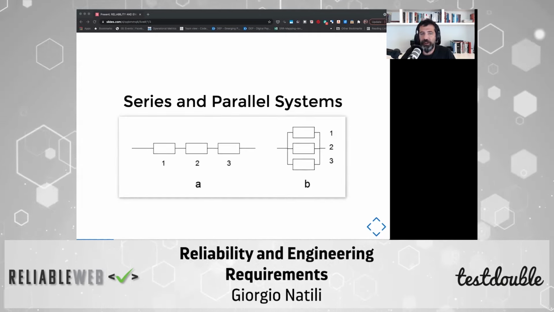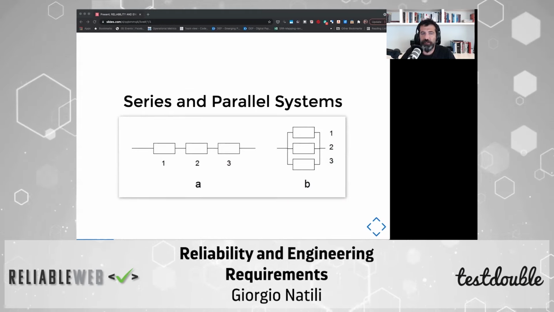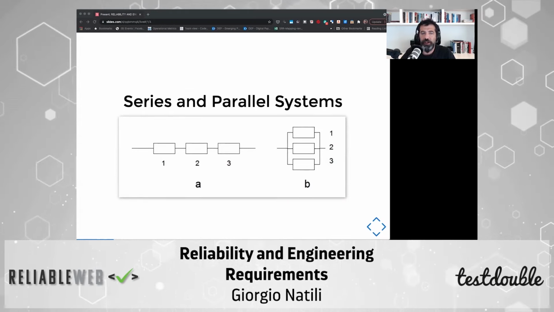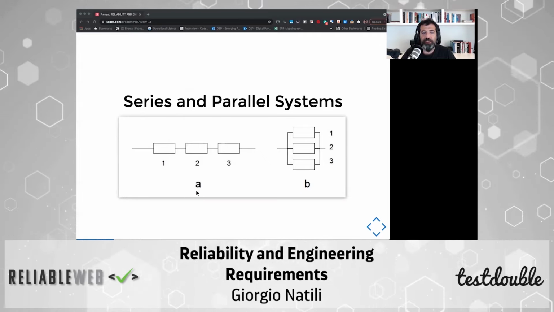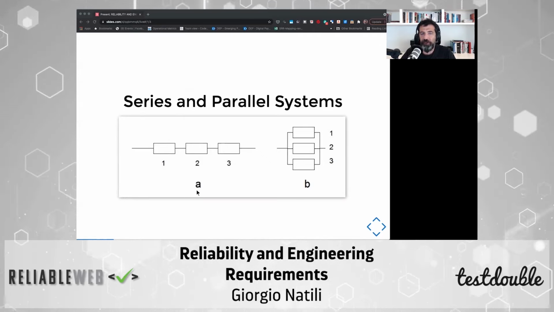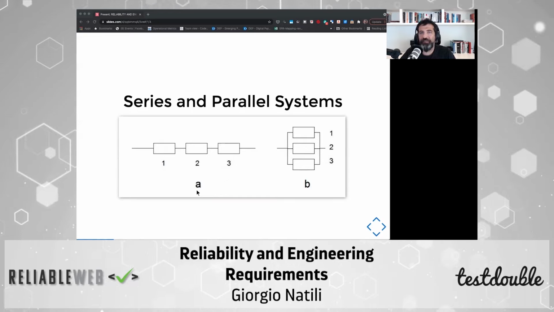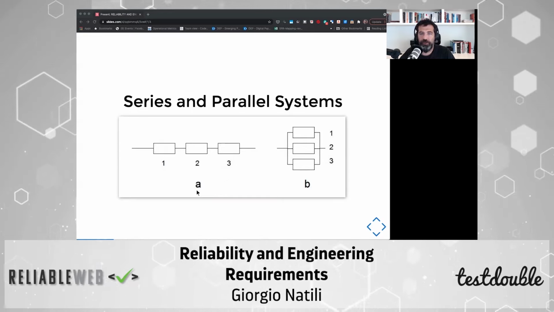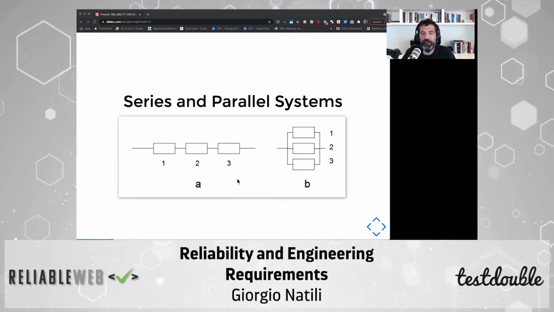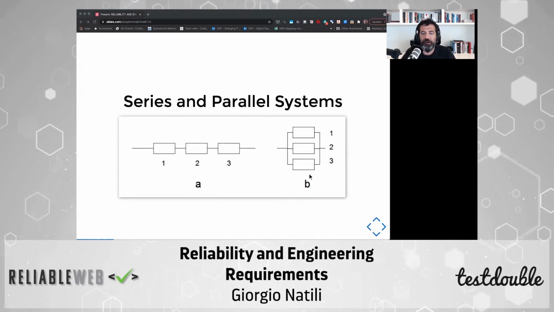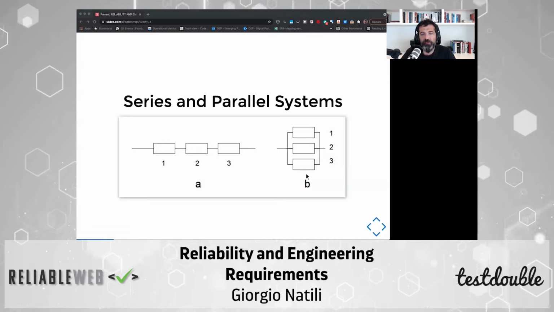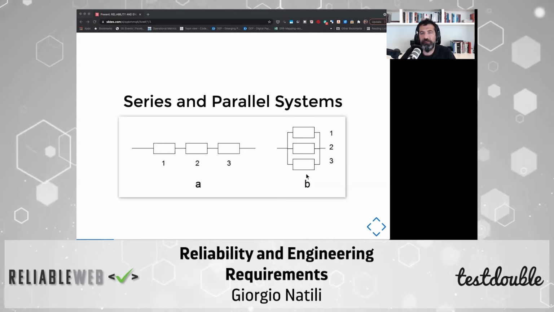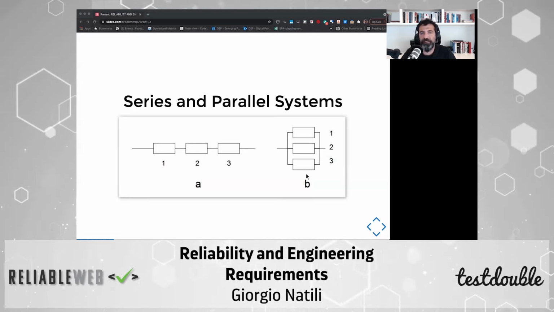In fact, if you look at series and parallel systems, you can see that in the context of A, it's very likely that if 2 fails, everything else stops. Everything that is after 2 will stop. In a system that has a high level of parallelization, like B, if 2 fails, it's not guaranteed that the system will fail.